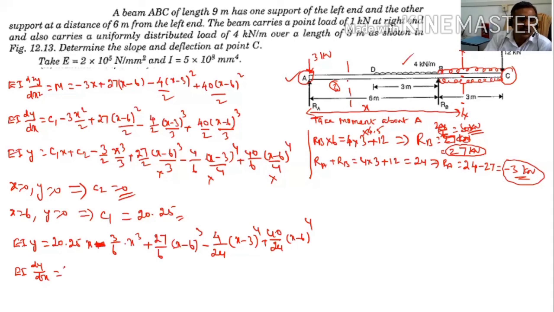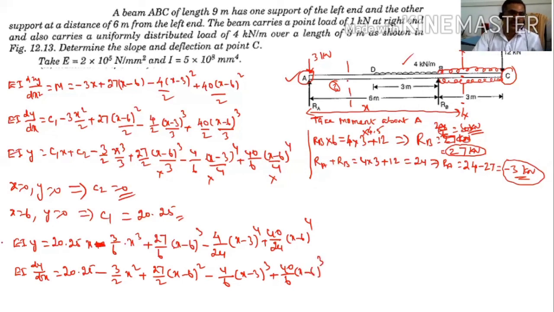C1 is equal to 20.25 minus 3 by 2 x square plus 27 by 2 x minus 6 the whole square minus 4 by 6 x minus 3 the whole cube plus 40 by 6 x minus 6 the whole cube. So this will be the general form of the slope equation, and this is the general deflection equation.